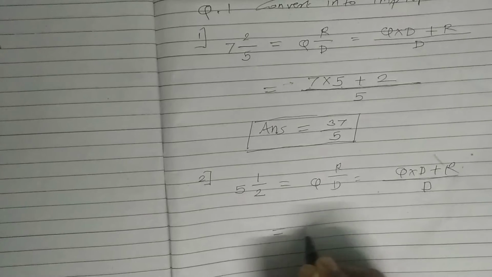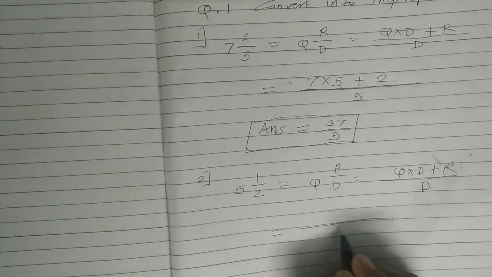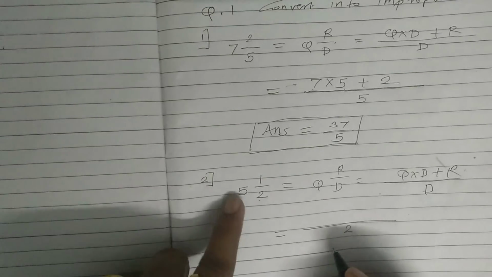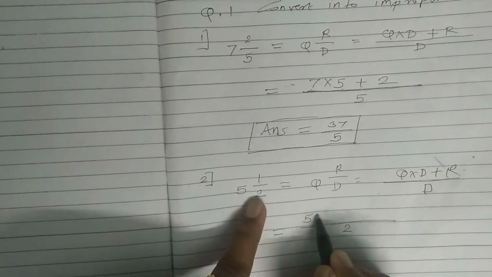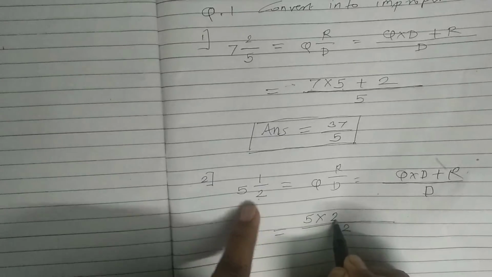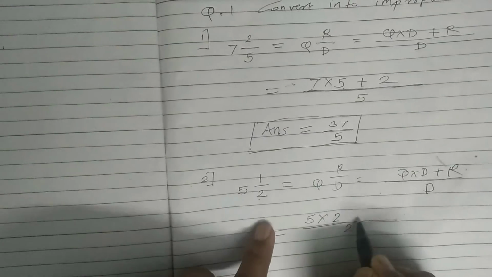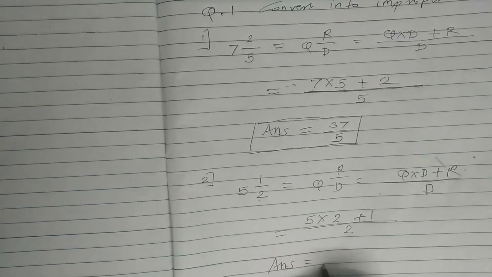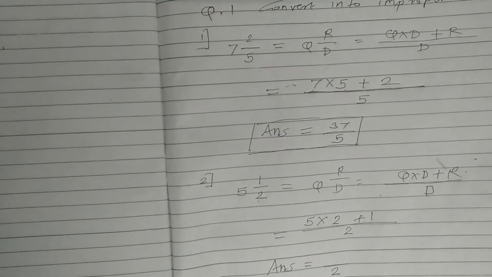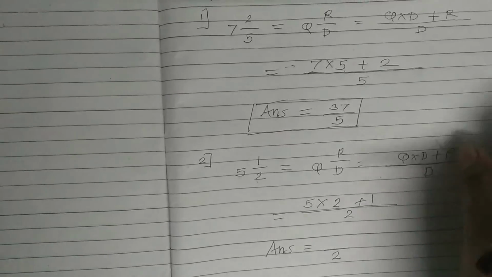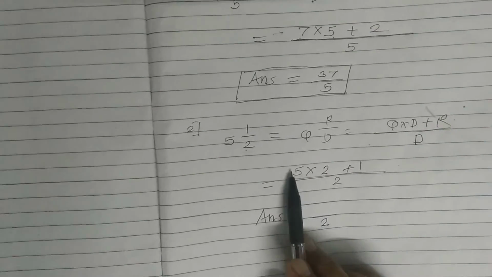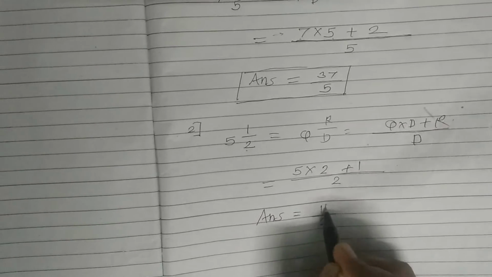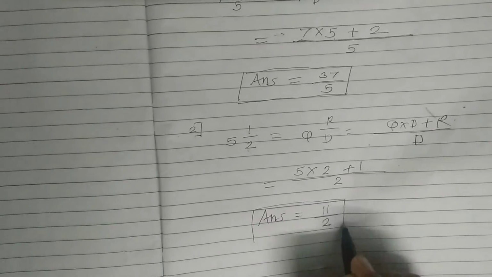Write the calculation part, mark a line, downside is 2, write the 2 as it is, upside take 5, multiply by 2, this product plus upside, that is 1. Now do the calculations and write the answer in the box. This way you will adjust 2 as it is. Now do the product first. 5 2s are 10 plus 1, 11. Hope you understand this also.